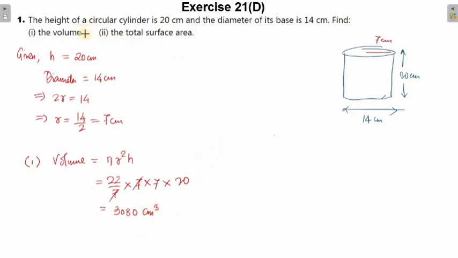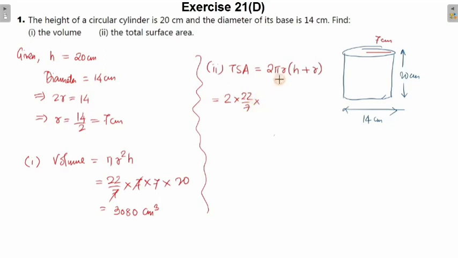Now next we have to find the total surface area, right? So number 2, total surface area. Now what is the formula for total surface area? It is 2 pi r into h plus r. Remember, this is the formula for total surface area. Now let's put the values. So 2 pi is 22 by 7 into r, r is 7, h is 20 plus r is 7, right?